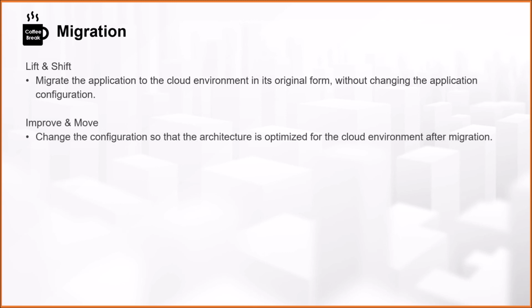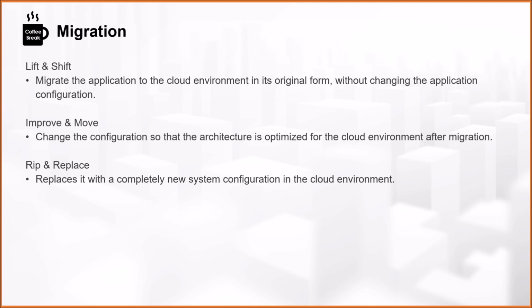Improve and move changes the configuration so that the architecture is optimized for the cloud environment after migration. This migration workload is relatively large because of the changes in the system specification and the operational method.